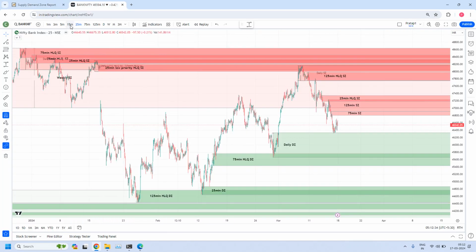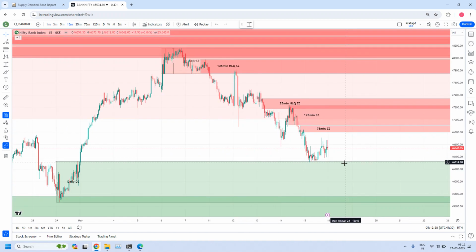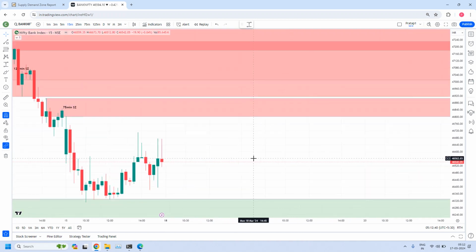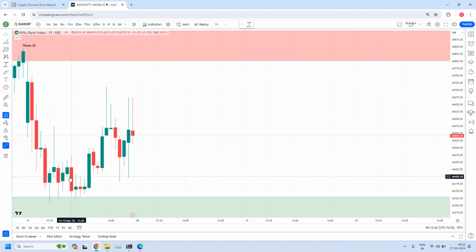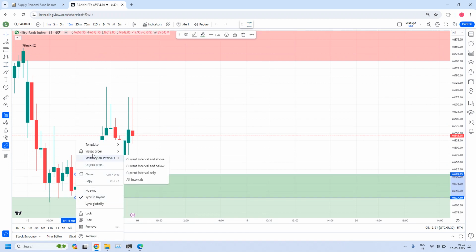So let me change it to 15 minutes. 15th March, 11.45. Is anything created here? Yeah, 15th March, 11.45. Institutions kept a zone, a 15 minutes demand zone, normal demand zone. But why are we showing interest? It is holding the prices.